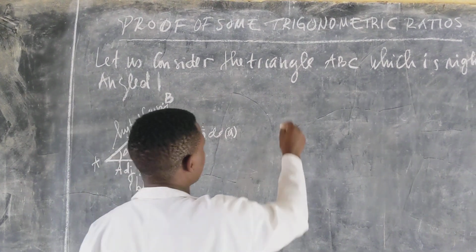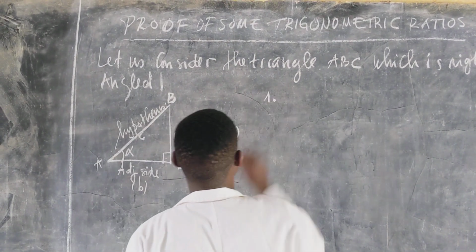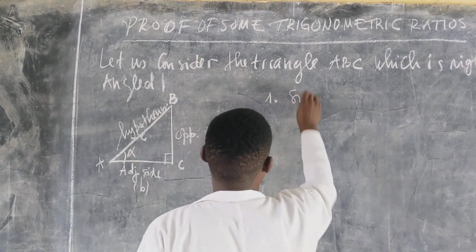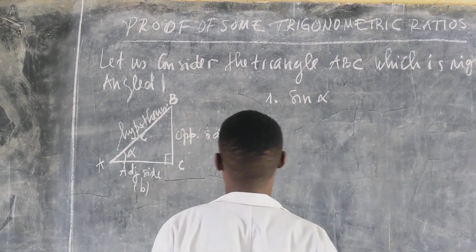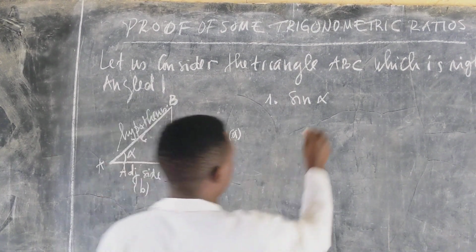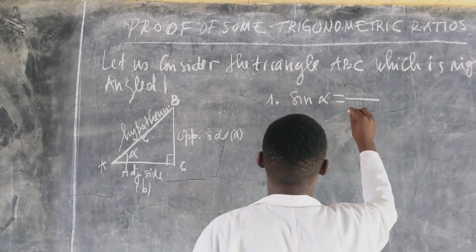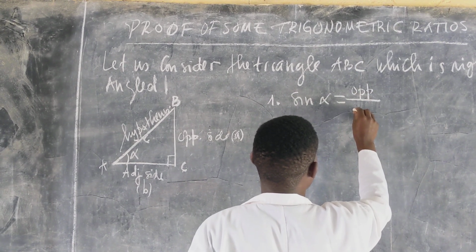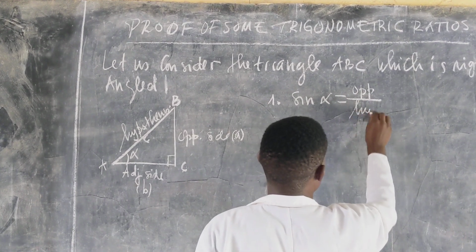The first one is sine of alpha. Sine of alpha is equal to the opposite side divided by the hypotenuse.